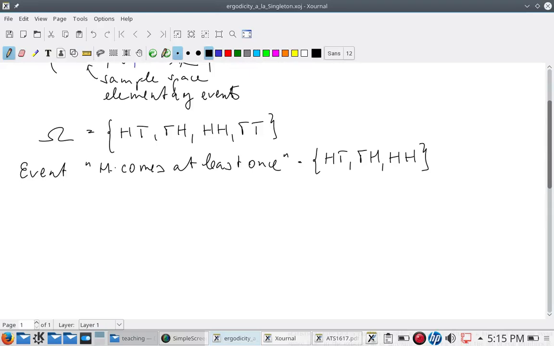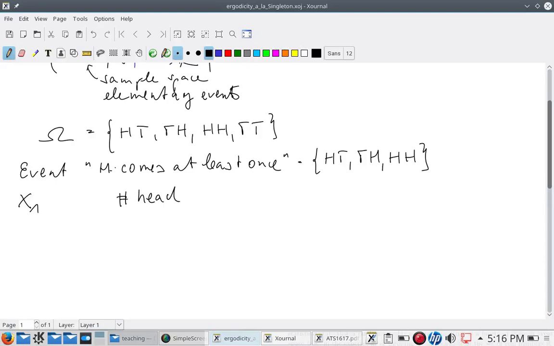So, for instance, we could be interested in a random variable which I would like to denote X1, and this X1 in words should give me the number of heads that show up in that experiment.